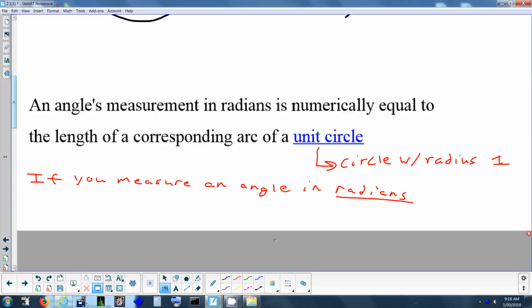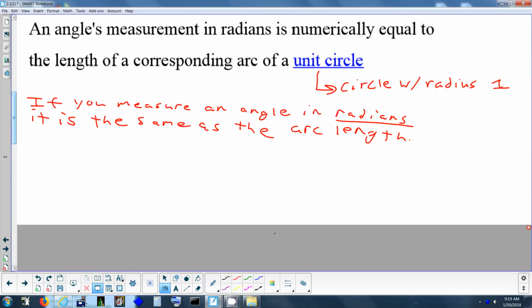The two numbers that you just wrote down on this type of circle always come out exactly the same. Okay? So if you measure an angle in radians, it is the same as the arc length. It's exactly the same statement that I have up above. I just kind of paraphrased it a little bit.